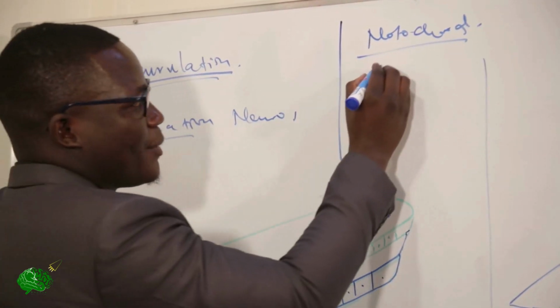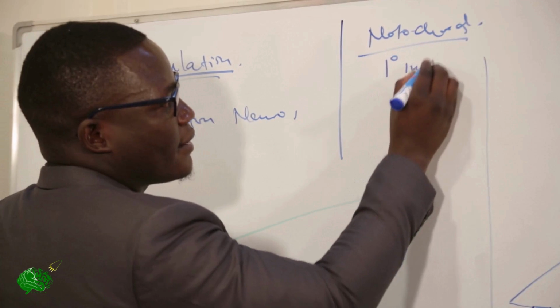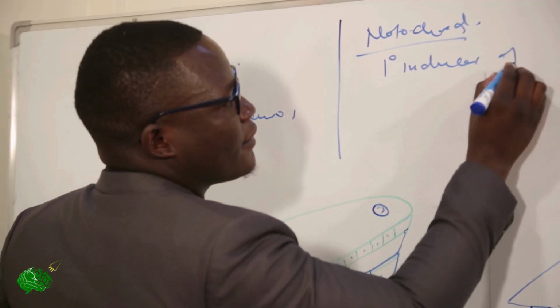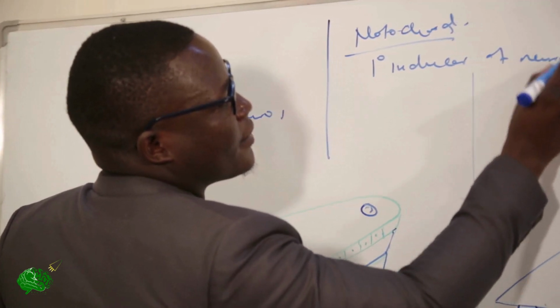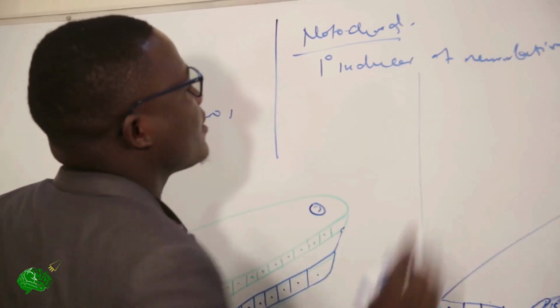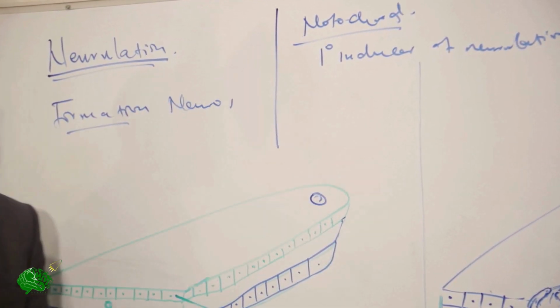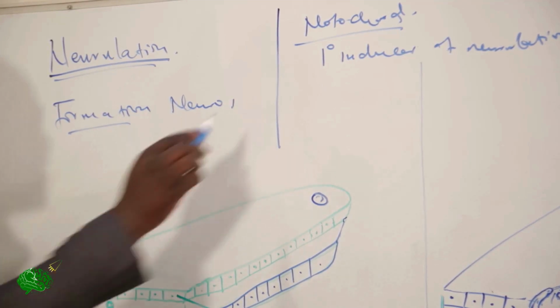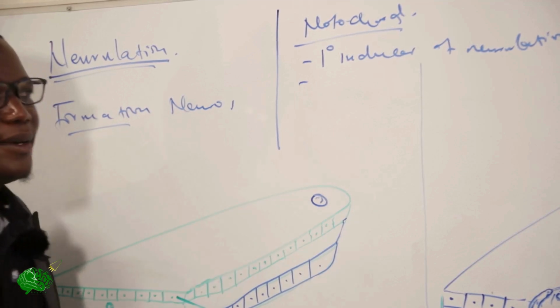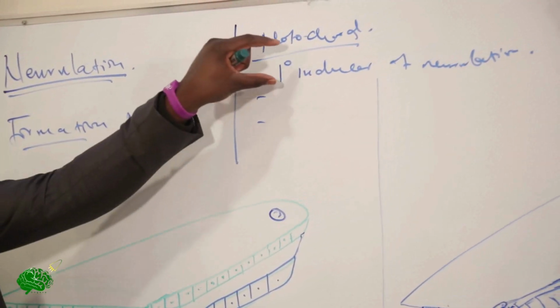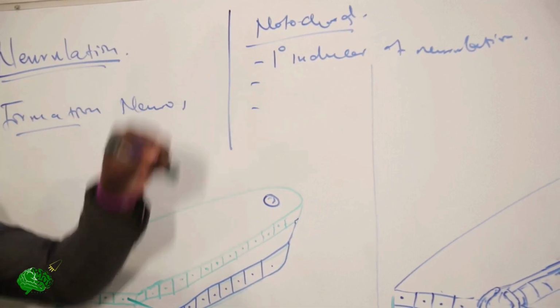One, it's the primary inducer of neurulation. Of course, it has other functions that I can mention, but this is the most important one that you must be able to identify.